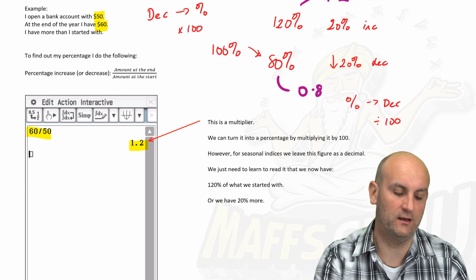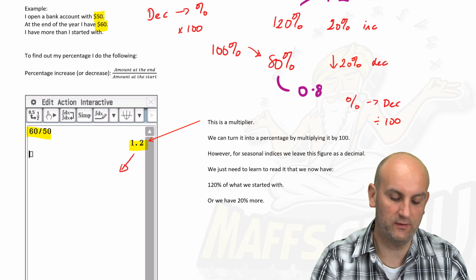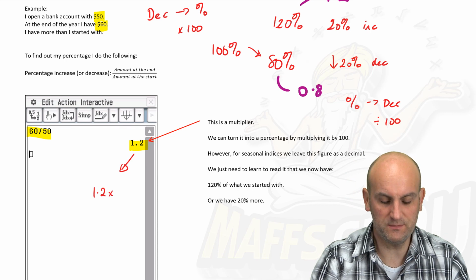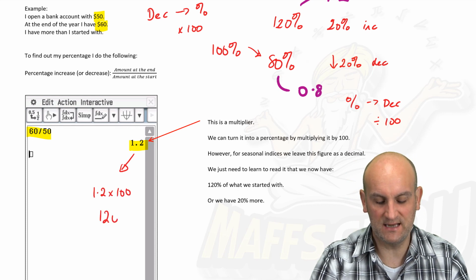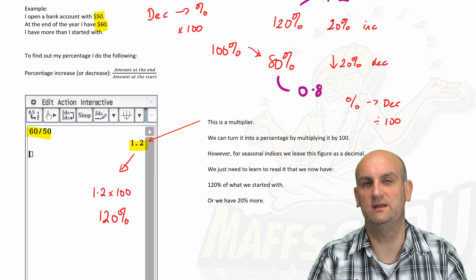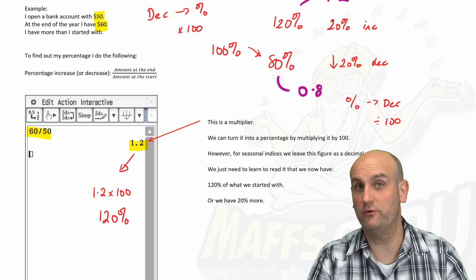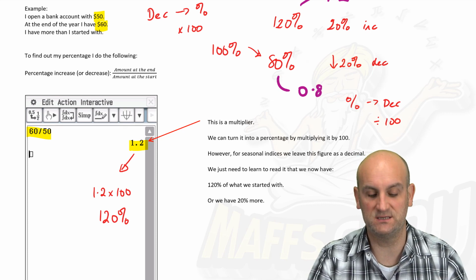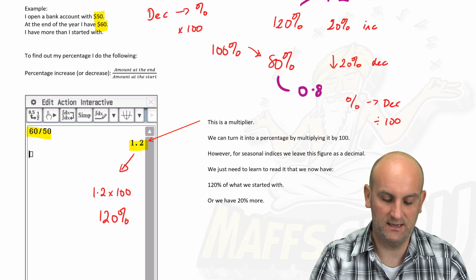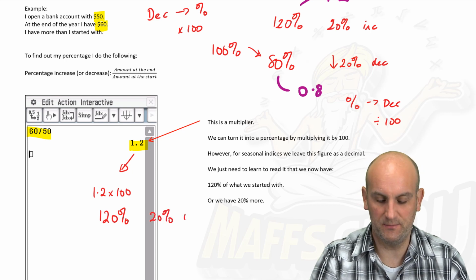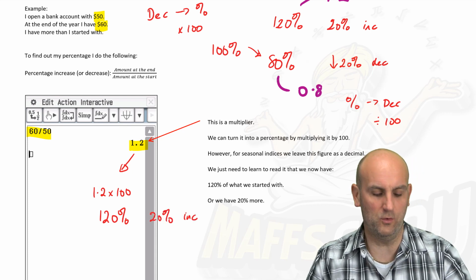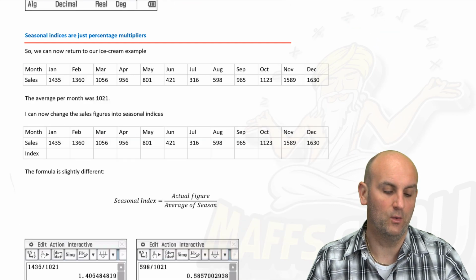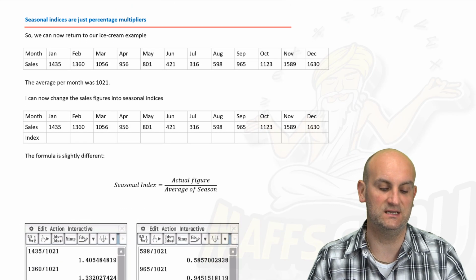Now you're going to say, how did I know that? Because I can take this 1.2, multiply it by 100, and that stands for 120%. So 120% of what I started with basically means the same as a 20% increase. Oh, awesome. Now, if we can understand that, we can now move on to our idea of seasonal indices.